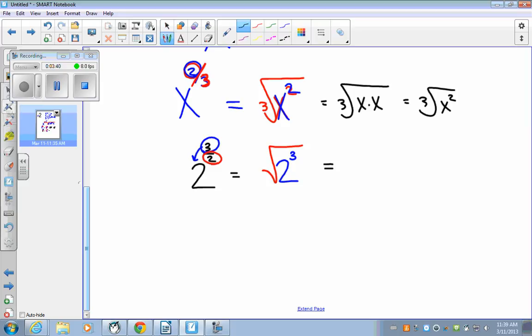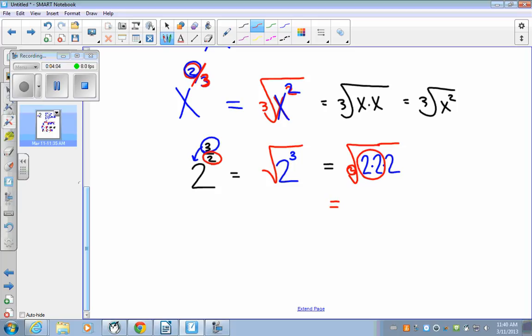Now, a couple ways to simplify this. Some of you might think of 2 to the 3rd as being 8. Some of you might just think in your head that means 2 times 2 times 2. And remember, a square root is referring to when there's a group of 2, you can pull it out as 1, is what I always say. But 2 times 2 is 4.